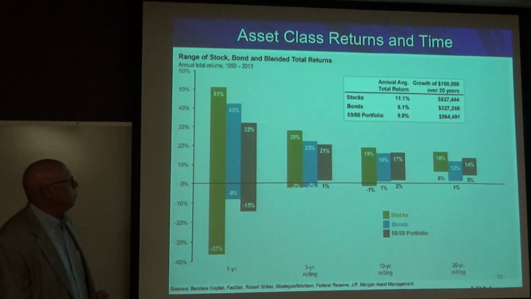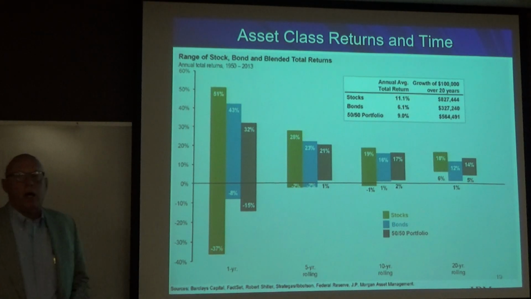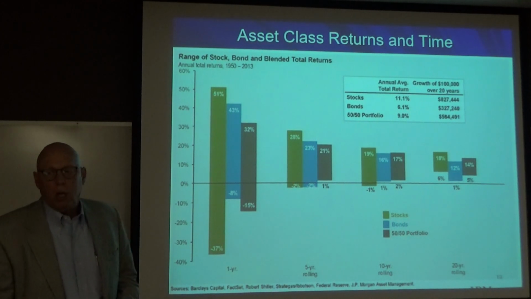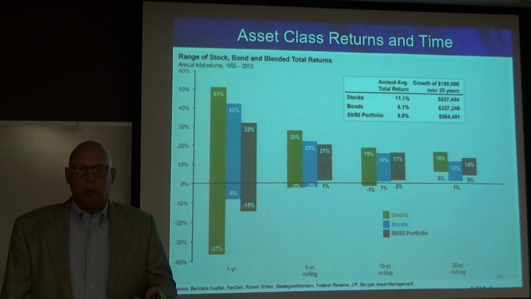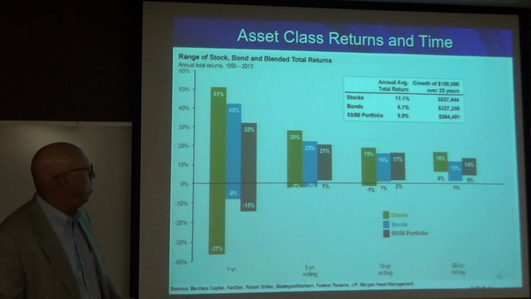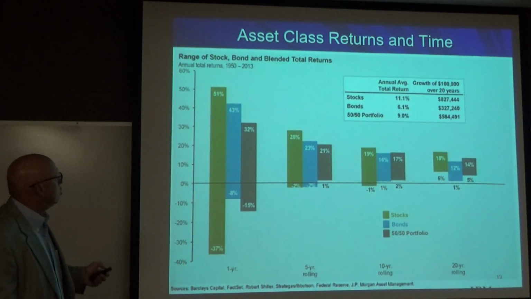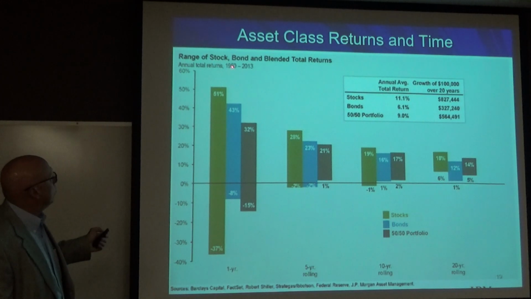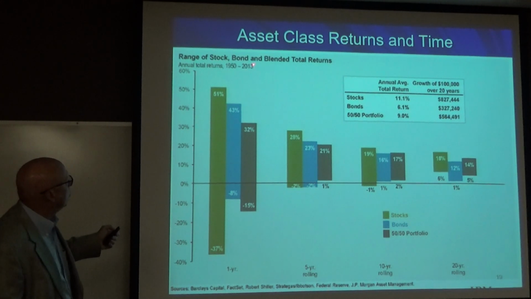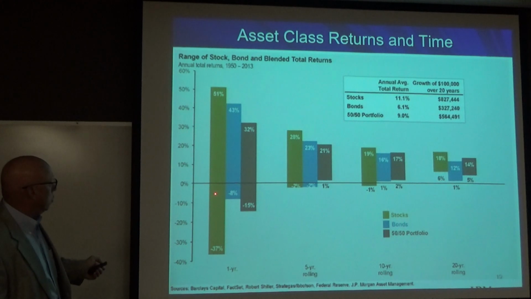All right, this is a very, very important slide. It shows the relationship between asset class returns and time horizon. Okay, so this is a 1-year time horizon. Okay, from 1950 to 2013. The green is stocks, the blue is bonds, and the black is a 50-50 stock bond portfolio.